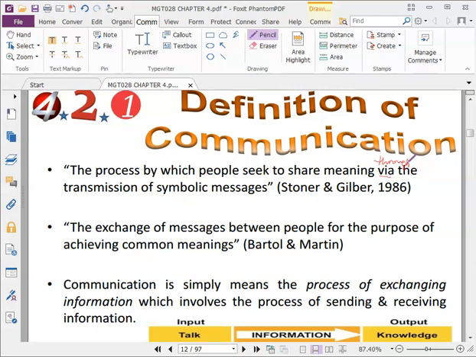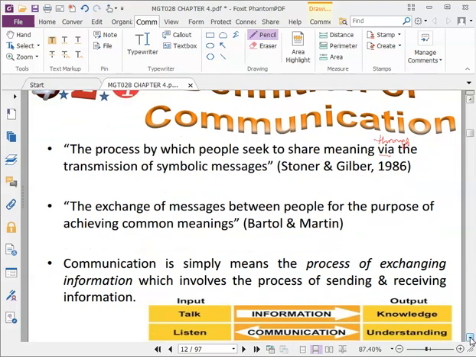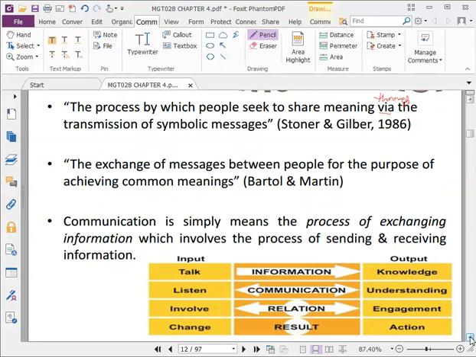Apa yang dicakap berkaitan dengan definition of communication? Communication is the exchange of messages between people for the purpose of achieving common meaning. Dia kata komunikasi itu adalah kita bertukar-tukar message ataupun maklumat. Communication is simply the process of exchanging information.